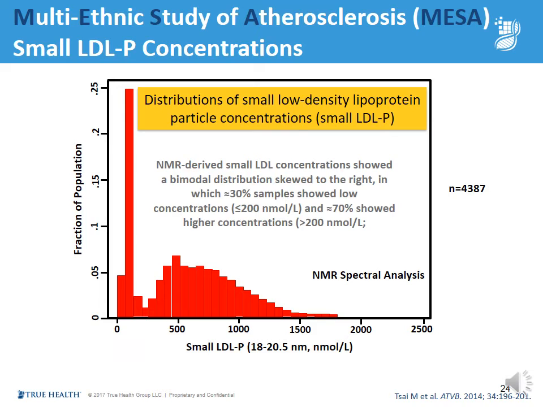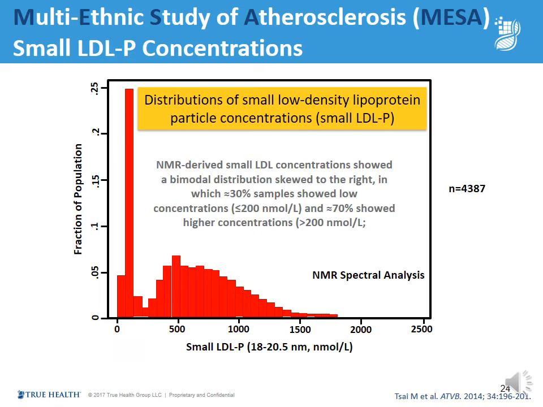But as you can see, there are substantial numbers of people in our population who do have significant elevations of small LDL particles. And remember, the desirable total LDL particle concentration is less than 1,000 nanomoles per liter, and small LDL is only one contributor to the total LDL particle count.